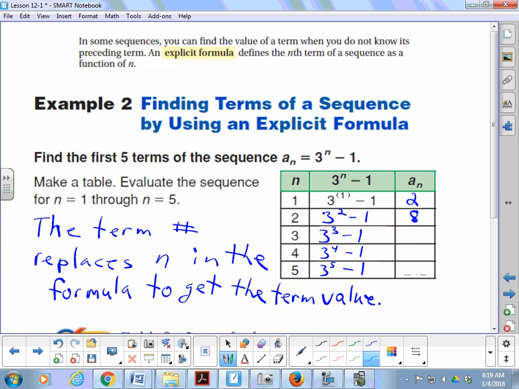So here we got 26, 80, and is that right? 242? Okay. 81 times 3 minus 1. Okay.